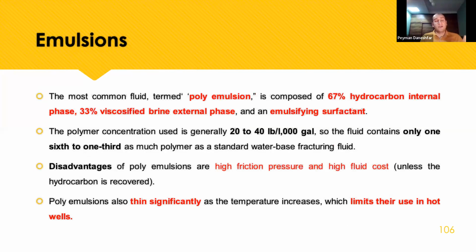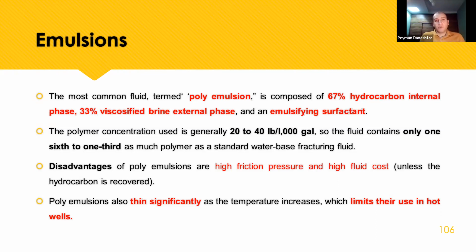The most common, this is important, keep it in your mind, the most common emulsion fluid is polyemulsion, with 67% hydrocarbon internal phase and 33% viscosified water external phase with an emulsifying surfactant. Again, surfactant will be in there.